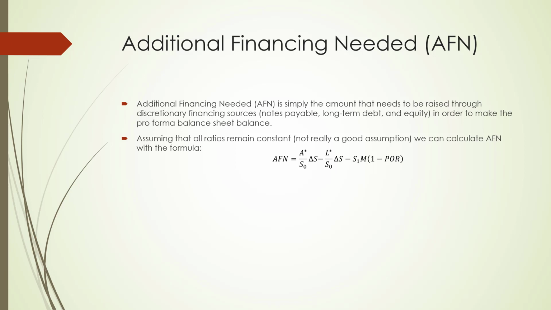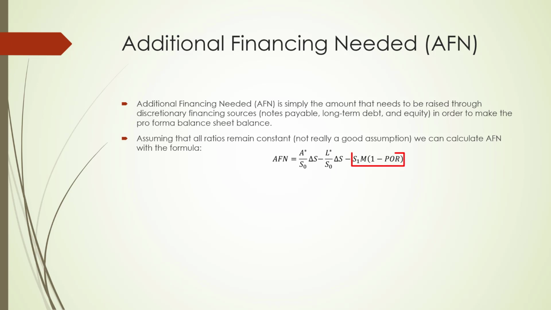Now, some of that financing will be spontaneous sources of financing, and that's what we have next. So L star is your spontaneous liabilities. In this case, that's accounts payable and accruals. So spontaneous liabilities divided by sales times the change in sales tells us how much we're going to have in spontaneous liabilities. In other words, automatic financing.